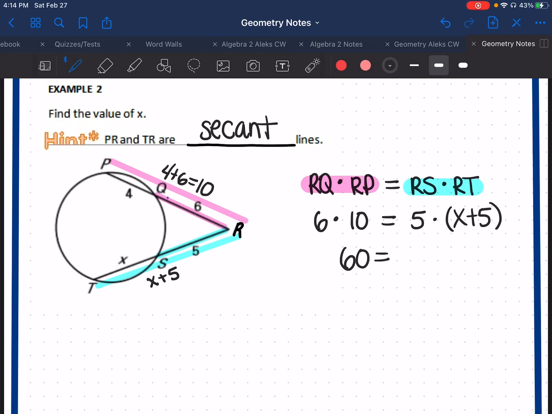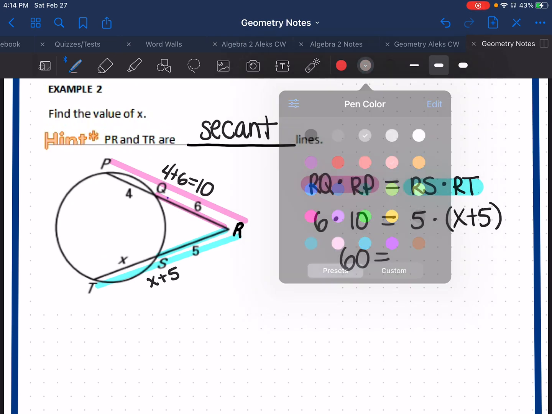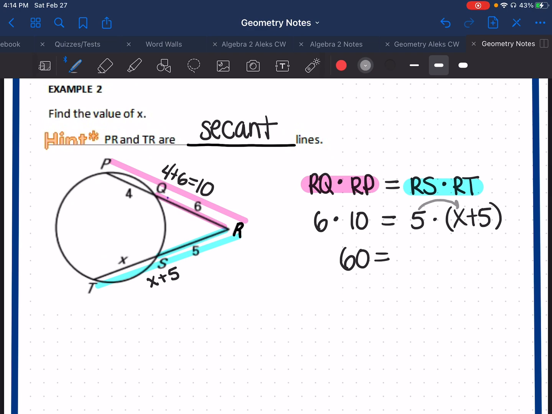And on this other side, we're going to distribute the 5. So 5 times X and 5 times 5. We're going to put a plus in between because that's what we see inside the parentheses. This is just an equation that I can now solve.